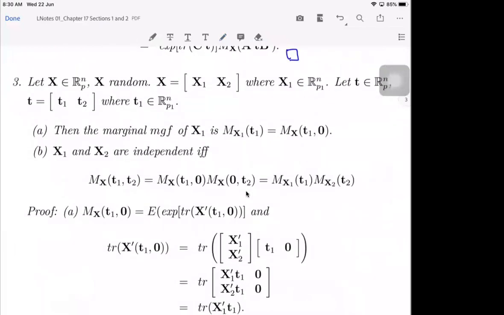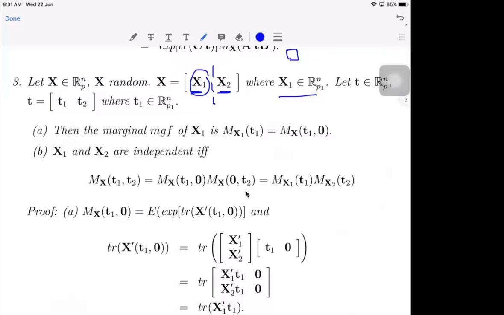Next, suppose we partition our x. Our x here is an n by p matrix such that x is partitioned as x1 and x2, but our x1 and x2 here are still matrices. x1 will have a dimension n by p1. So this is partitioning column wise, no?